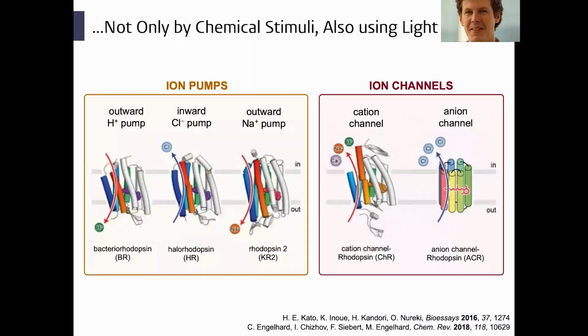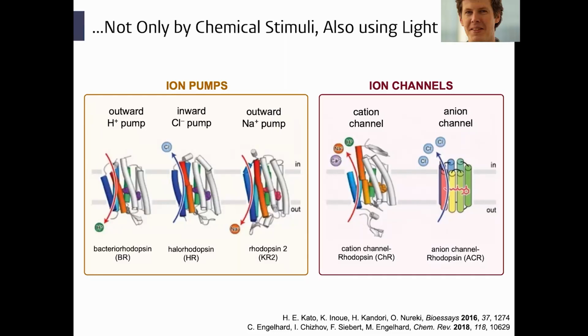But it's not only chemical stimuli that you see in nature. There are a number of proteins which you find in bacteria, which mediate transport and are controlled by light. Examples are these anion and cation channels, which have retinal embedded. Retinal can be switched by light and thereby induces conformational changes in these proteins.